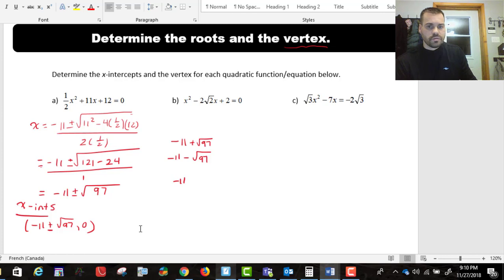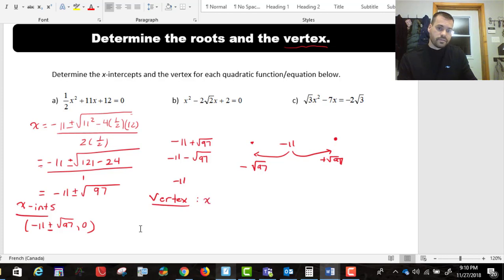Basically I'm starting at minus 11, going plus root 97 to get to one of my x-intercepts, and going minus root 97 to get to the other one. So minus 11 is right in the middle. And that means my vertex is at x equals negative 11.